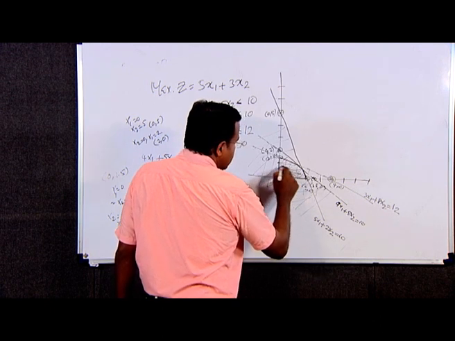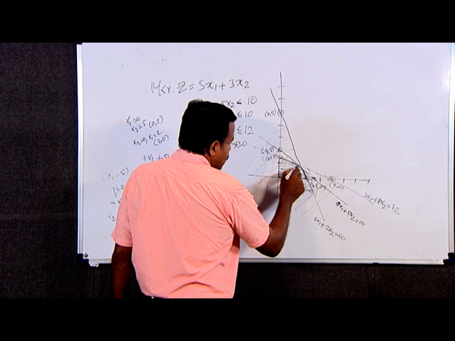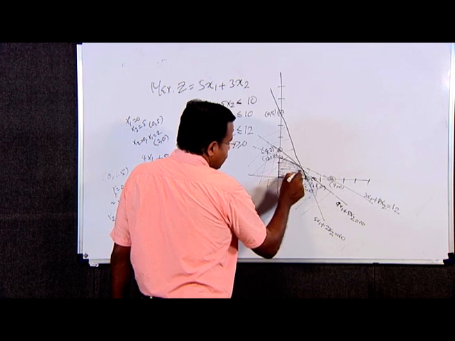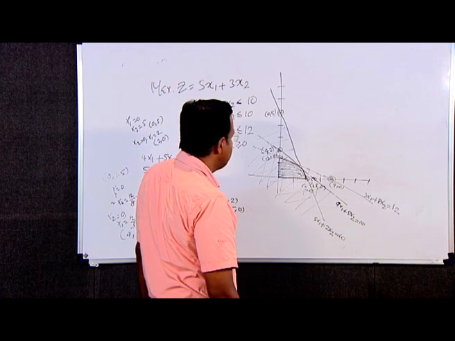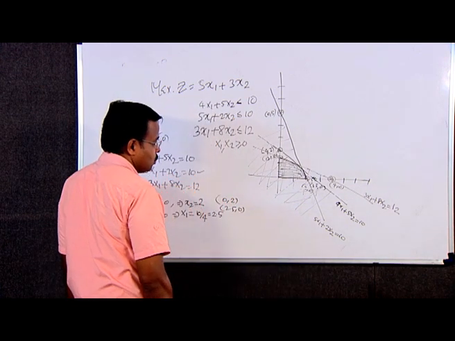In this solution region the best values of x1 and x2 are lying, but one of the vertices of this solution region will give us the best values of x1 and x2.